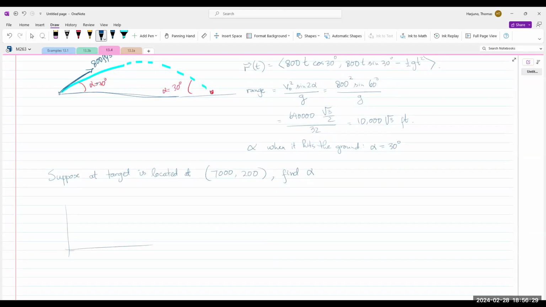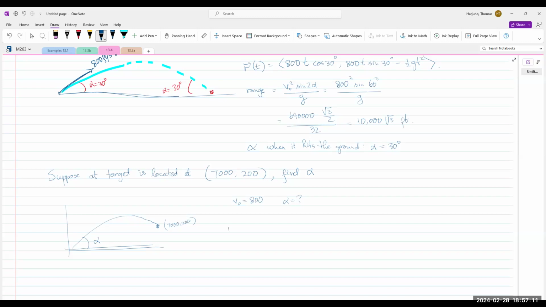So the question is basically, if you have something in the air like this and the coordinate is 7,000, 200, at what angle are you supposed to shoot it such that it will hit that? What is the alpha? The angle of elevation we can change, but the muzzle speed we cannot change. So the v naught is still 800, but the alpha is the one in question.